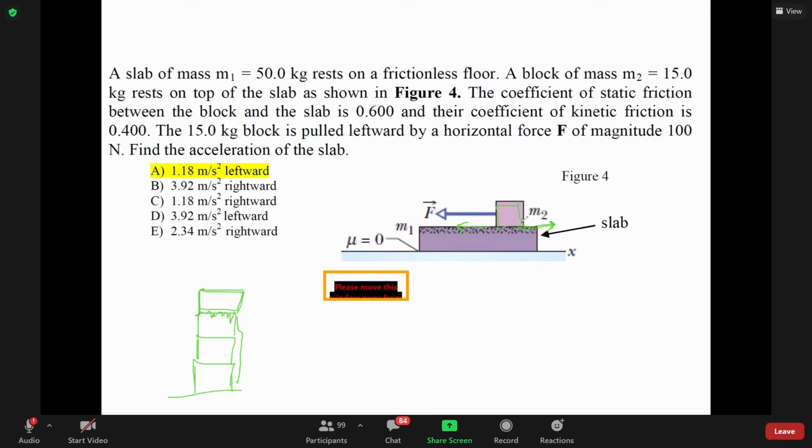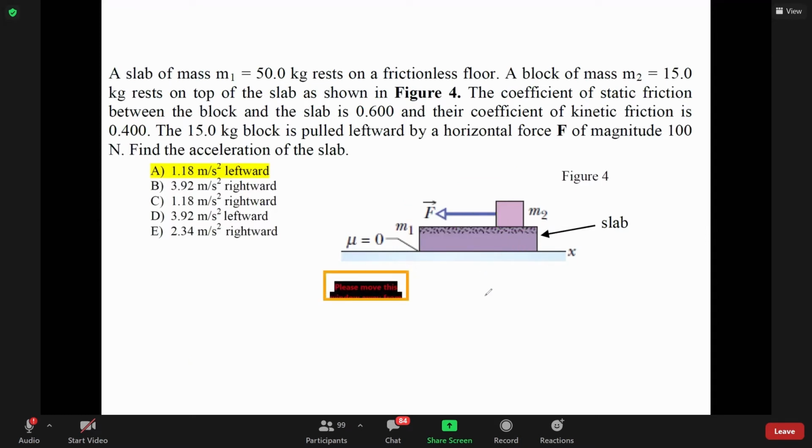Okay. So on the block, the force of friction is to the right, and on the slab, the force of friction is to the left. Let me ask you, what are the forces on the block? All the forces: this force, the friction, the weight, and the normal. These four. Okay. What are the forces on the slab?